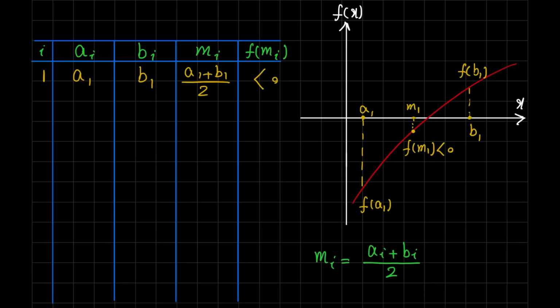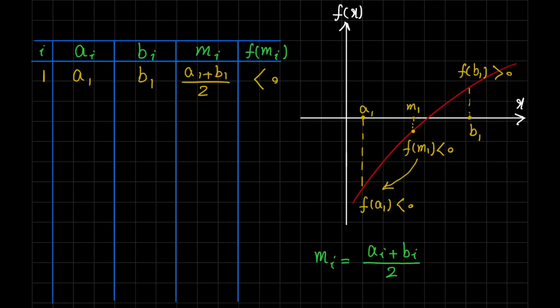We examine the sign at the midpoint, and we use the midpoint to replace whichever limit has the same sign. Here we see that f(a1) is negative, f(b1) is positive, and f(m1) has the same sign as f(a1), so for the next iteration we replace a1 by m1.